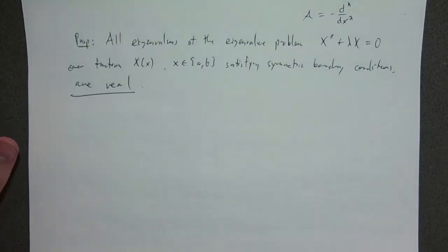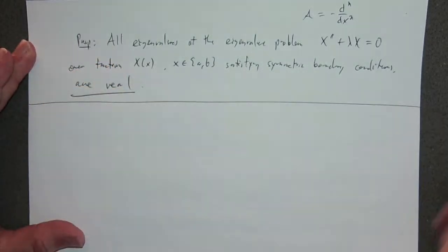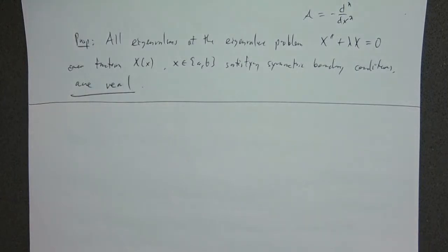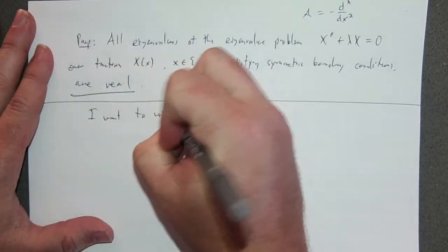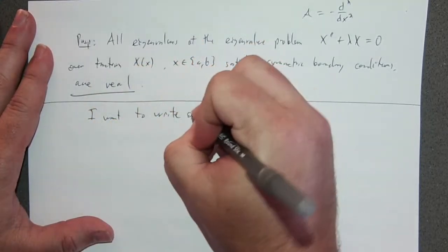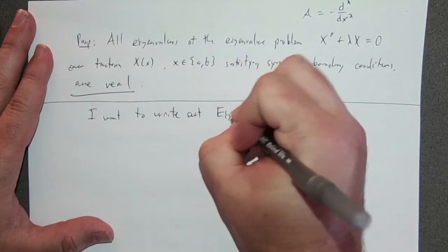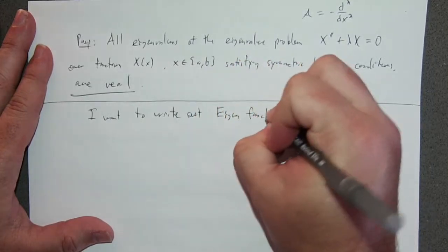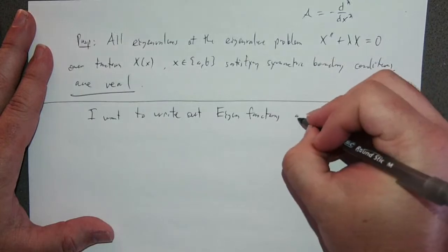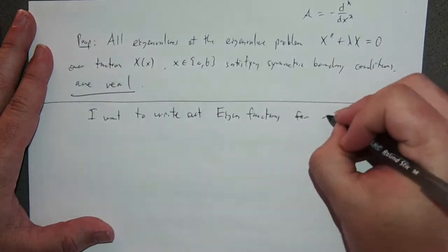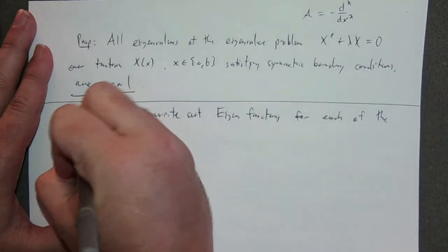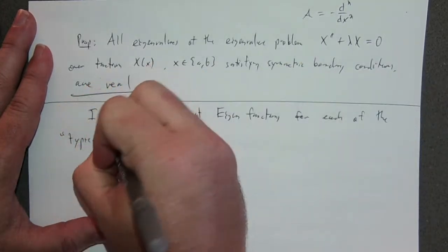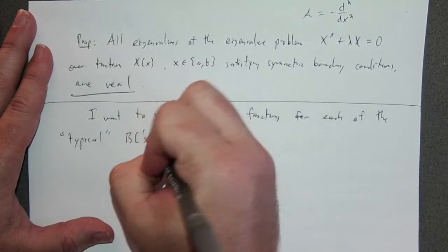Okay, and so the big question: I want to write out eigenfunctions for each of the typical boundary conditions.